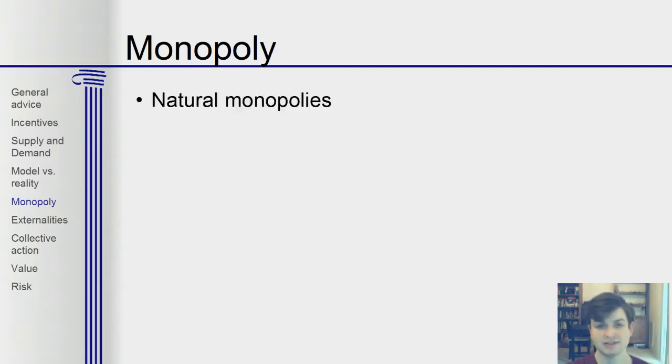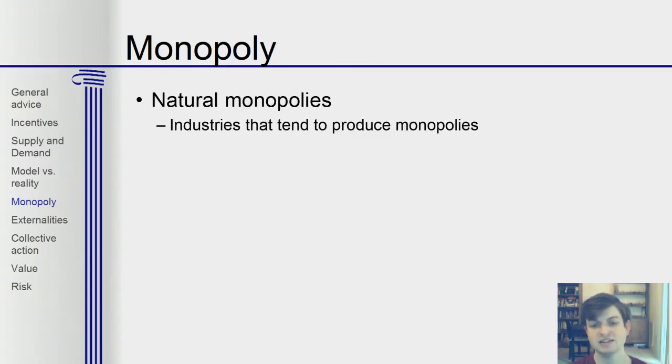Now, in some industries, we have what we call a natural monopoly. This is an industry that, for whatever reason, tends to naturally produce monopoly suppliers. One way this can happen is what we call high economies of scale. If a business can reduce its cost by increasing its size, by doing things in large batches, they become cheaper.